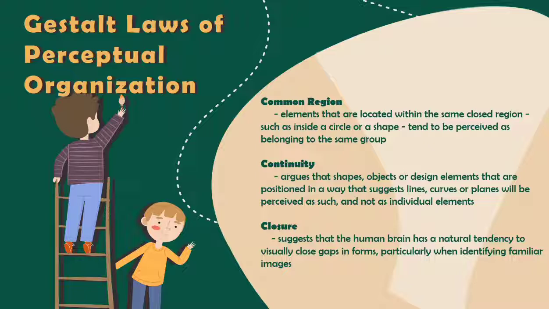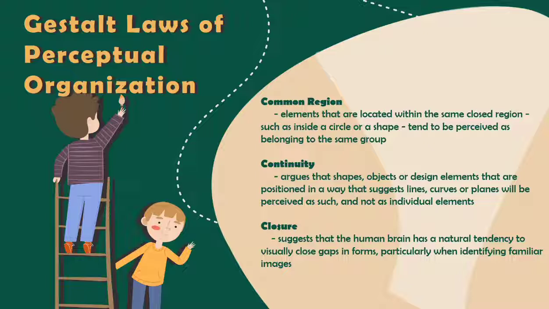So, in continuity, this law argues that shapes, objects, or design elements positioned in a way that suggests lines, curves, or planes will be perceived as such and not as individual elements. So, we perceptually group the elements together to form a continuous image.